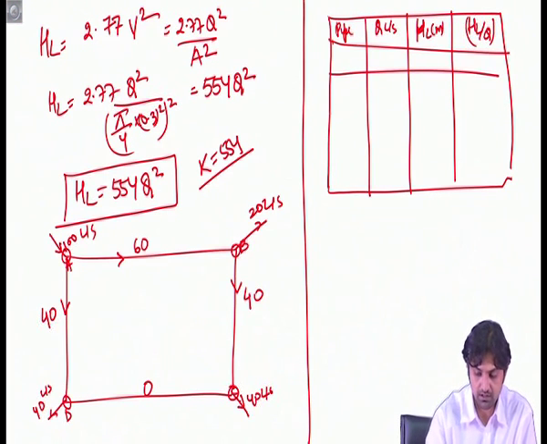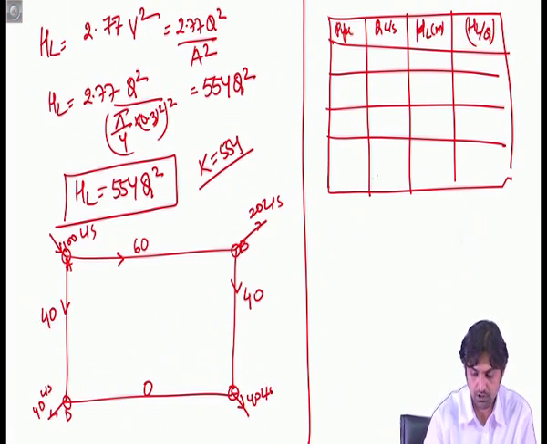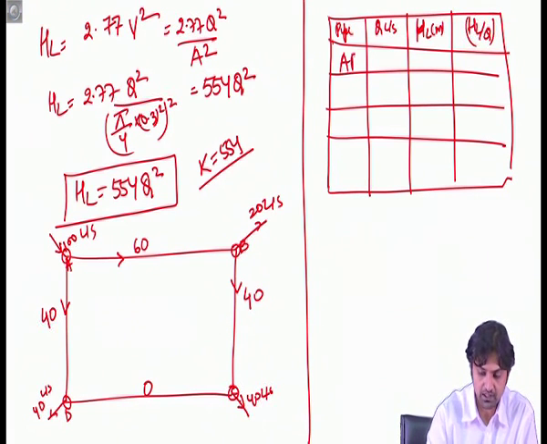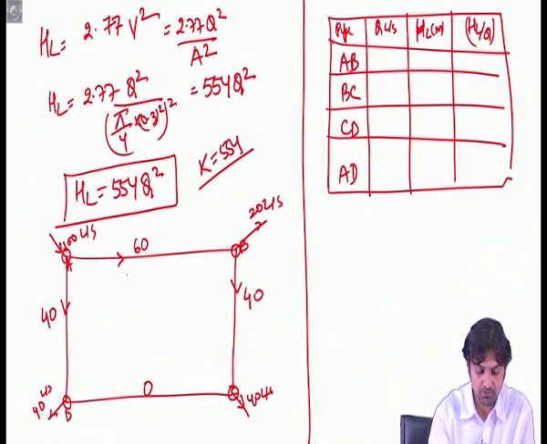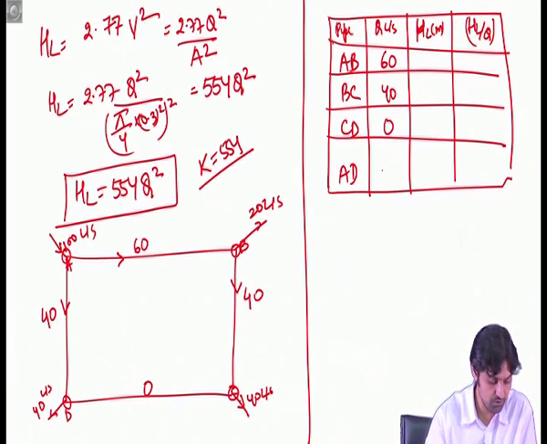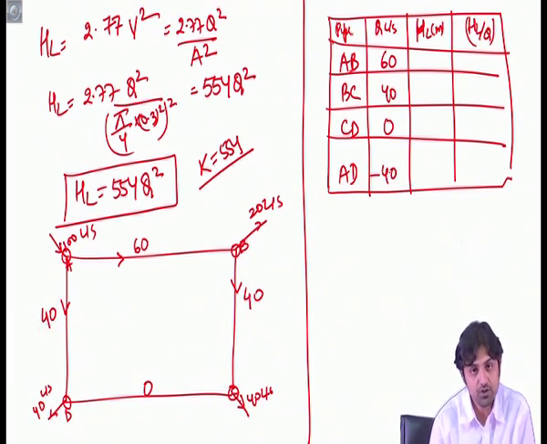So let's write AB, BC, CD and AD. This we have already done using the equation of continuity. So simply write down 60, 40, 0, minus 40. You see that clockwise we have assumed positive, that's why AD is minus 40, and we use 554 Q square.